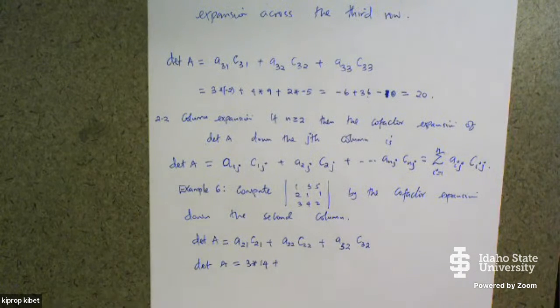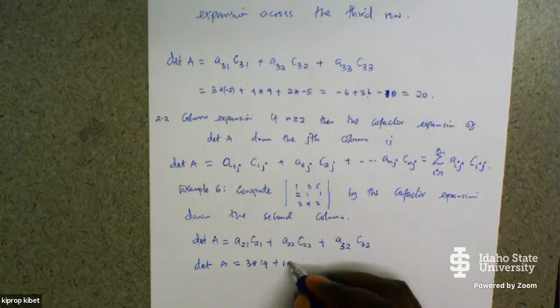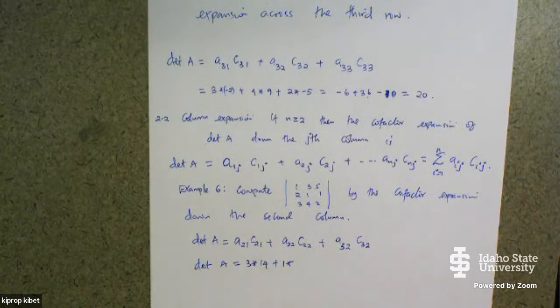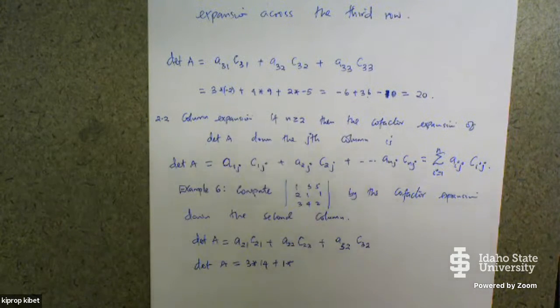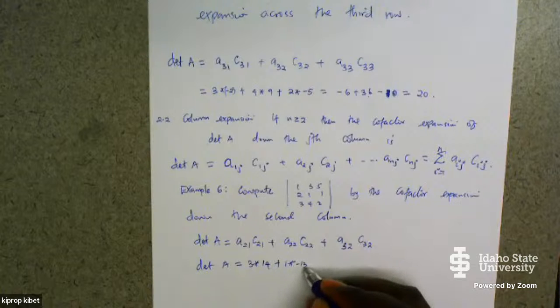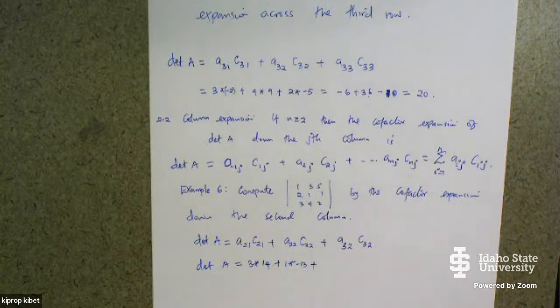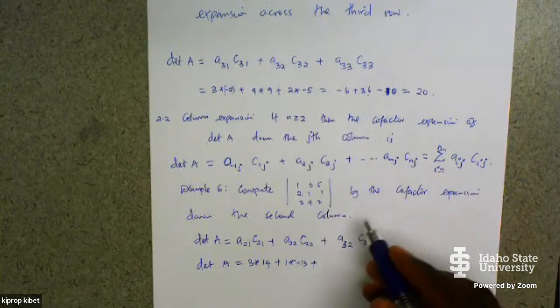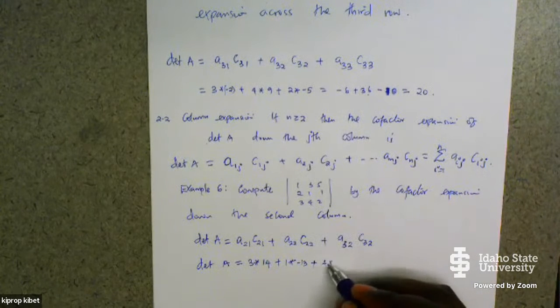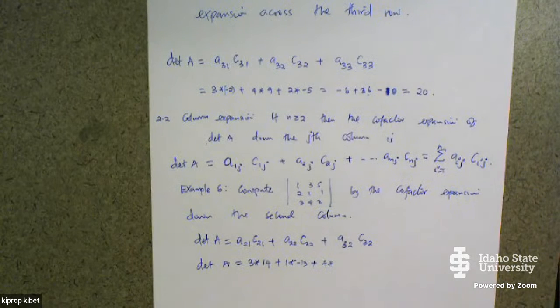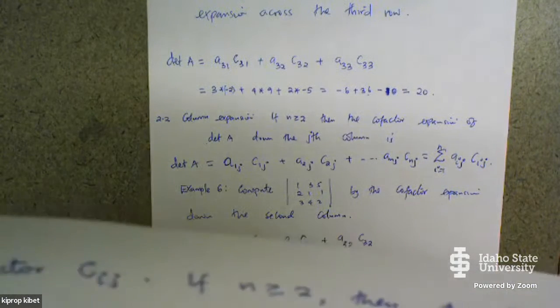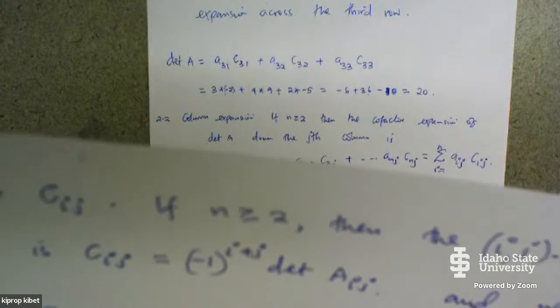Plus A22, which is 1, multiplied by C22, which is negative 13. Plus A32, which is 4, multiplied by C32. C32 is what?